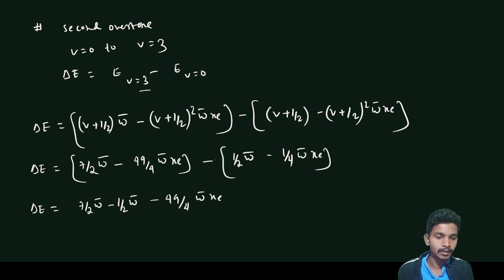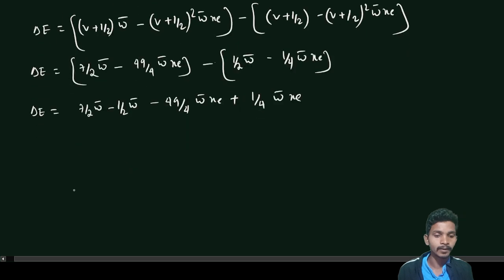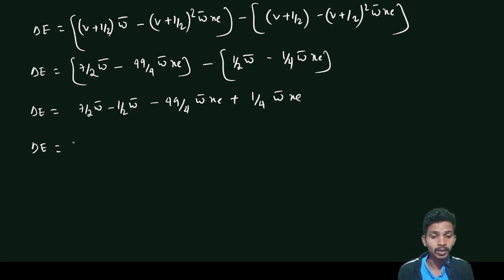This minus minus becomes plus 1 upon 4 ωxe. So here also if you calculate, what will the value be? 7 upon 2 minus 1 upon 2, that is 6 upon 2, that is equal to 3.